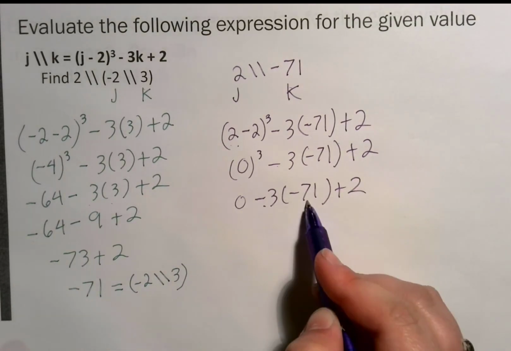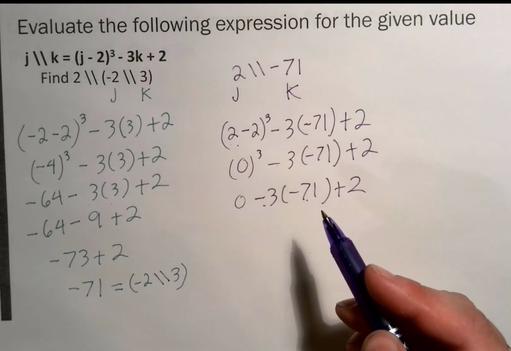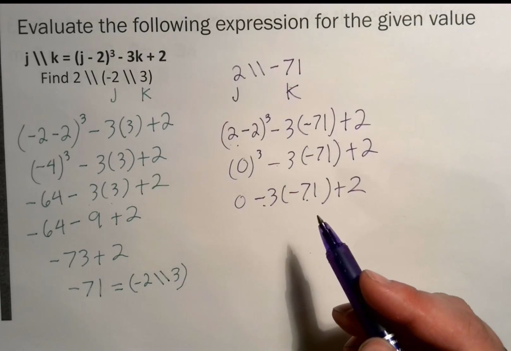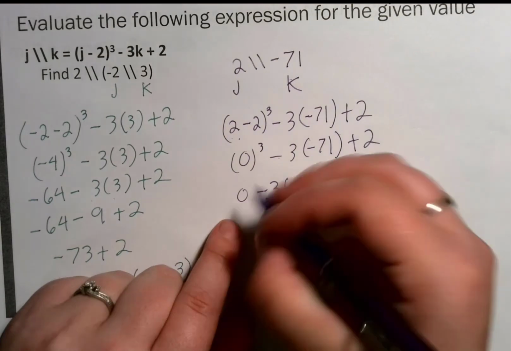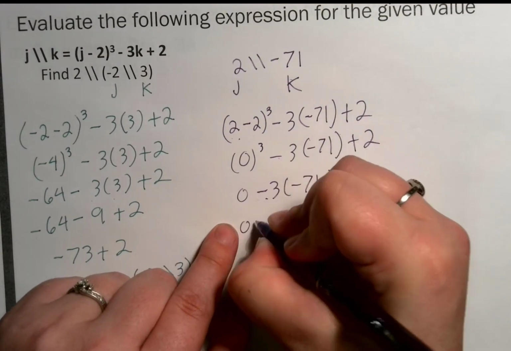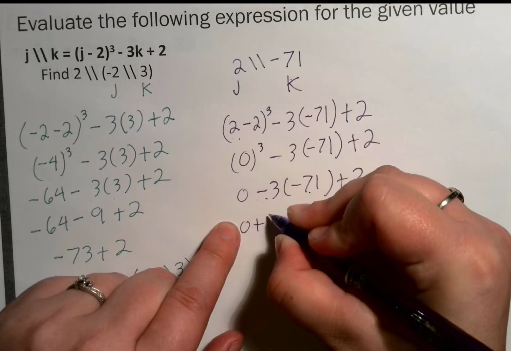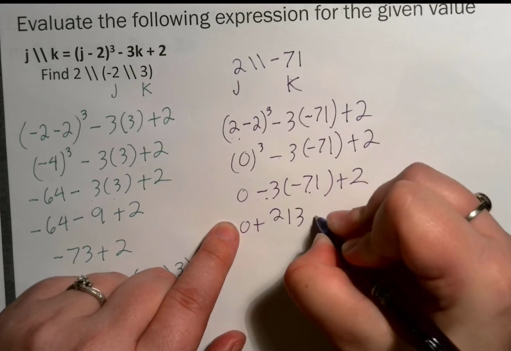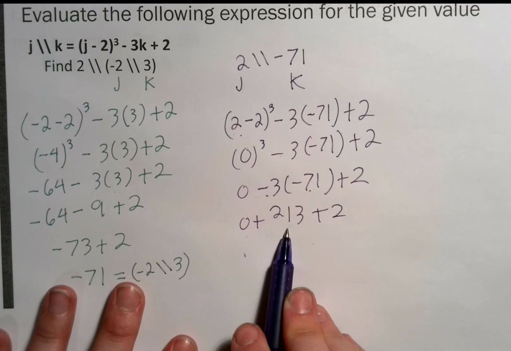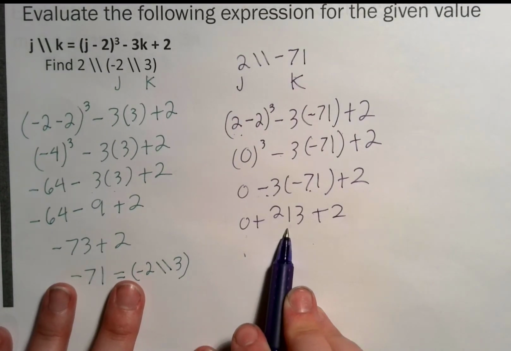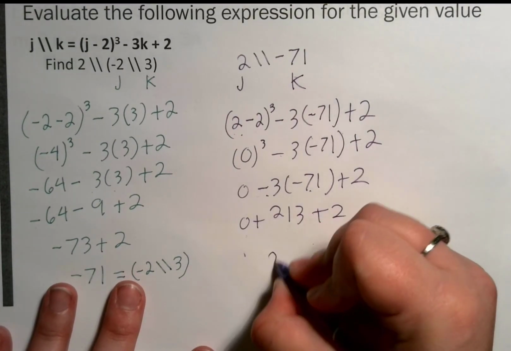Negative 3 times negative 71 is 213. So we get 0 plus 213 plus 2. 0 plus 213 is 213, plus 2 is 215.